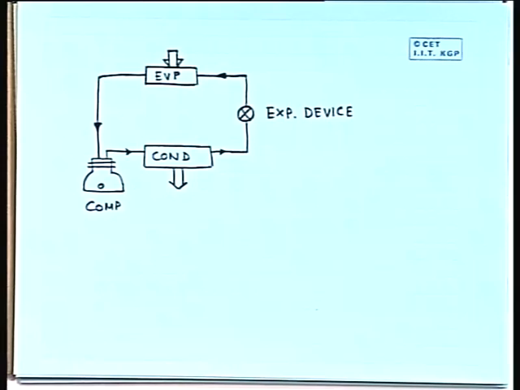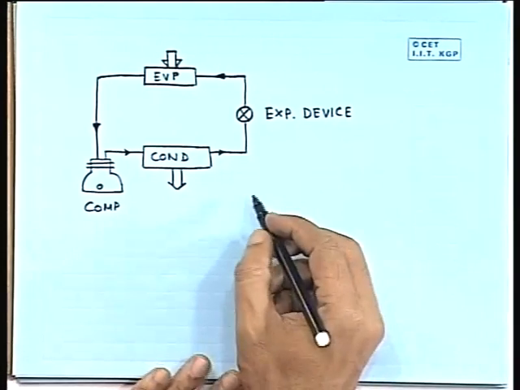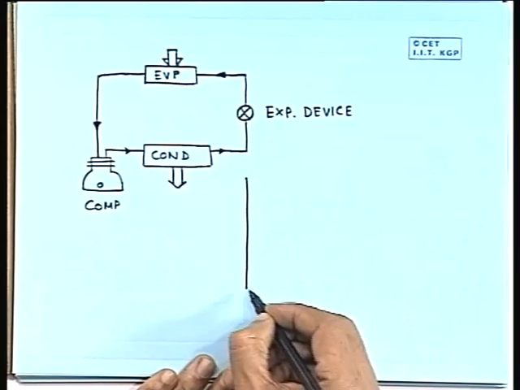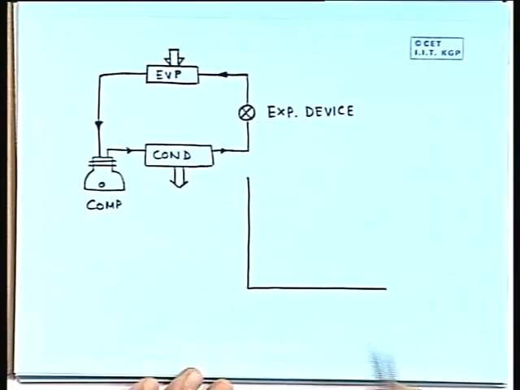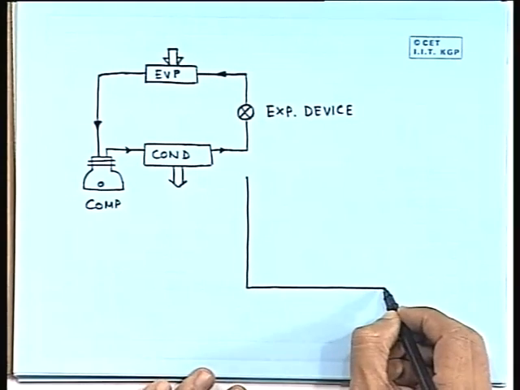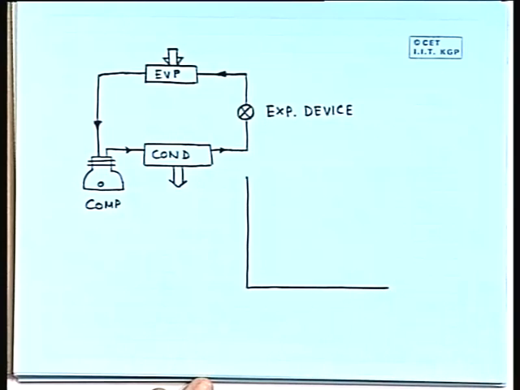There are a number of variations of this basic cycle, and I would like to once again make a sketch of the thermodynamic diagram of the cycle. We know that it is better explained with the help of a pH diagram.